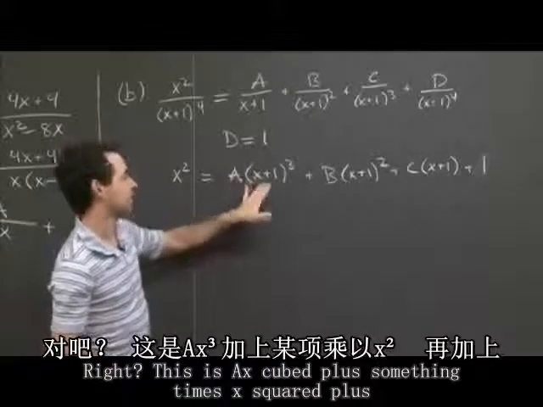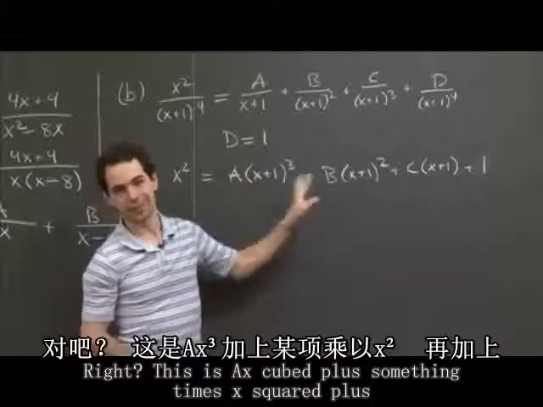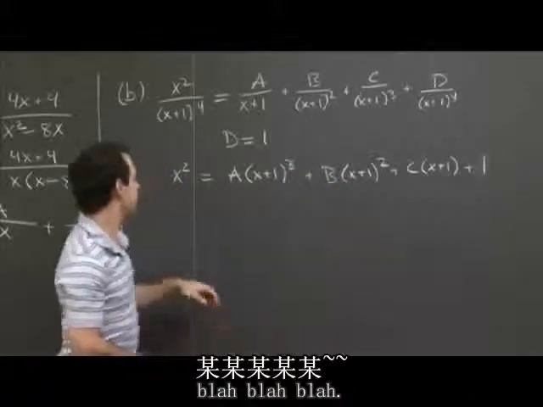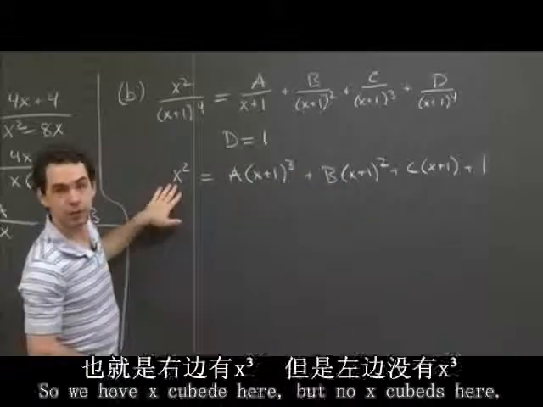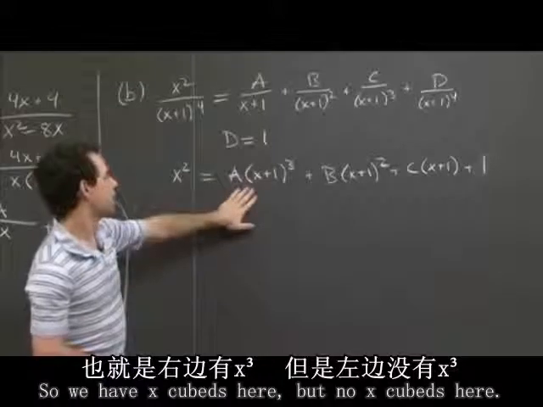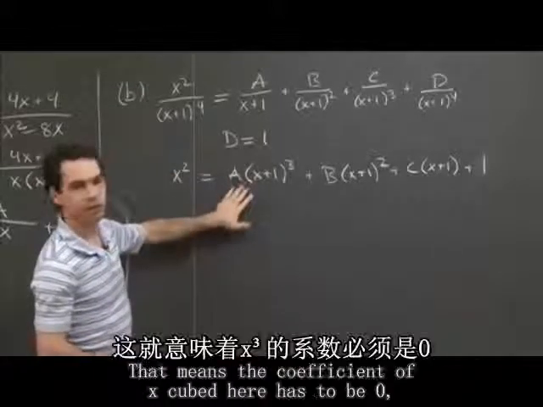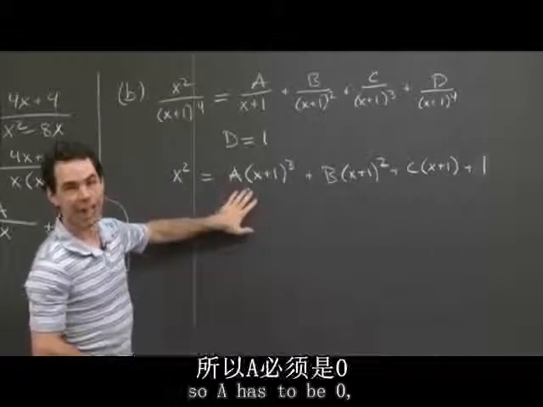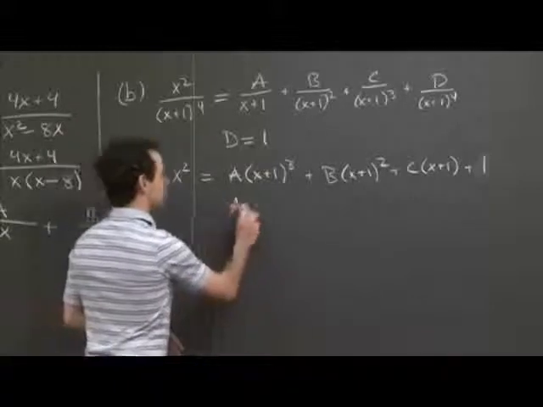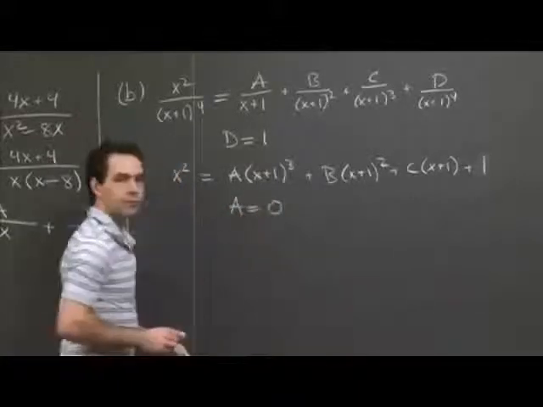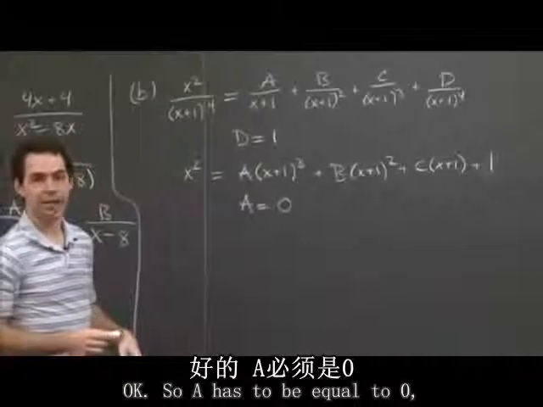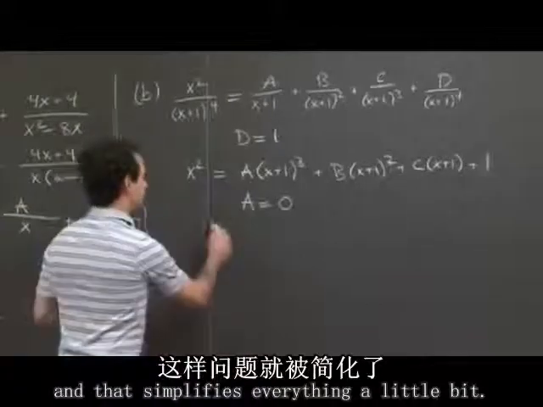Right? This is a x cubed plus something times x squared plus and so on. And over here we have no x cubed. So if you have x cubed here but no x cubed here, that means the coefficient of x cubed here has to be 0, so a has to be 0. Okay. So a has to be equal to 0, and that simplifies everything a little bit.